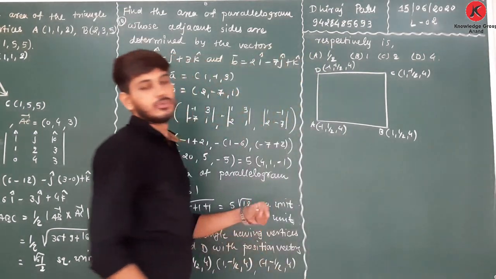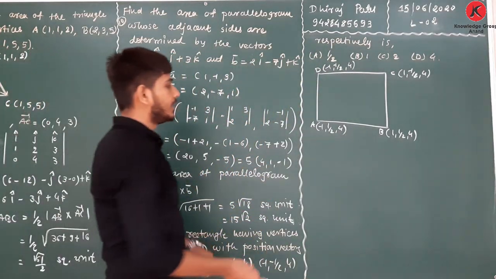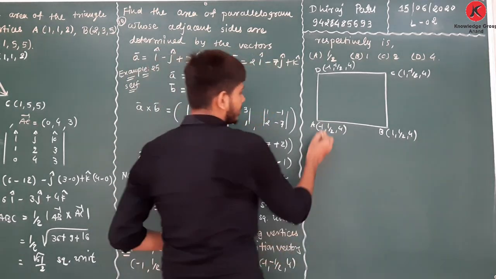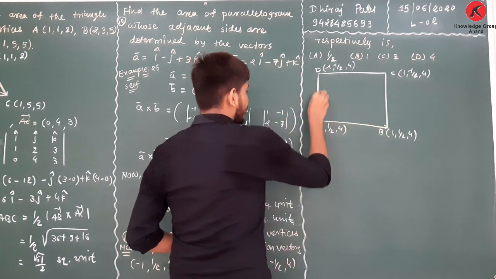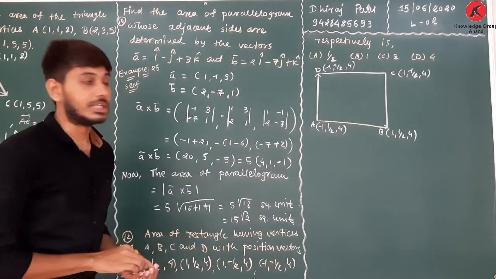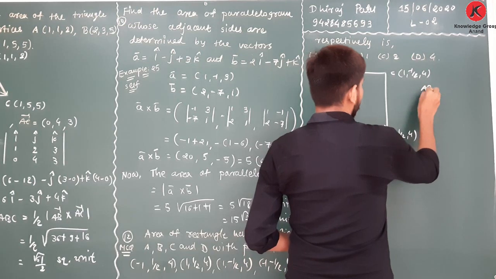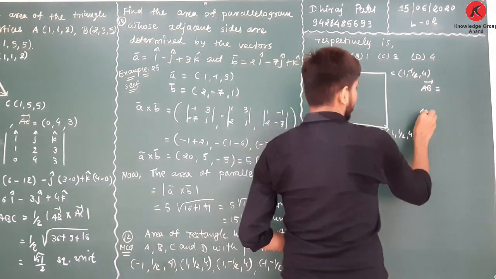Okay, now we have to calculate the area of the rectangle using adjacent sides. If you calculate using adjacent sides, what do you have to do with their cross product? Take the magnitude. Therefore you have to find vector AB first, as well as vector AD.